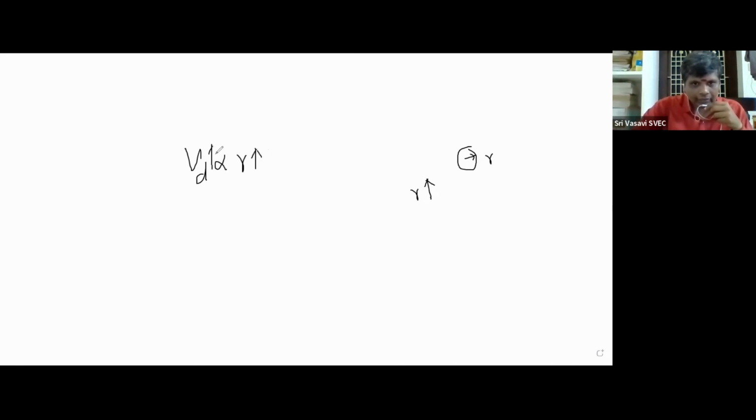That means corona occurs at a high disruptive critical voltage. When the disruptive critical voltage is very high, the power loss, which is proportional to (Vp − Vd)², is less. So whenever the size of the conductor increases, the corona loss decreases.